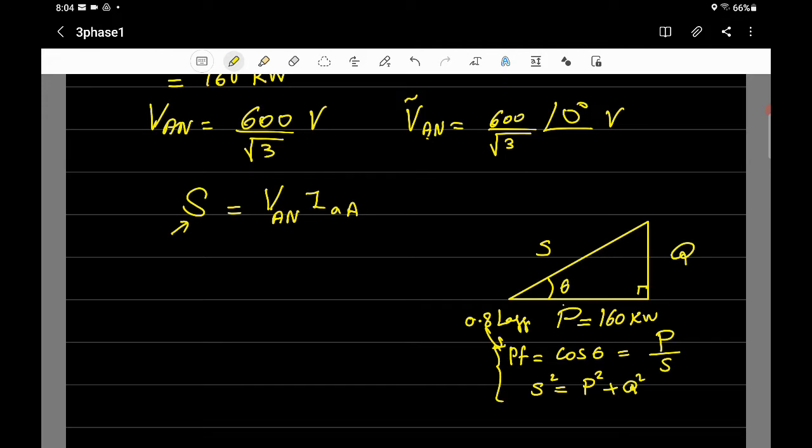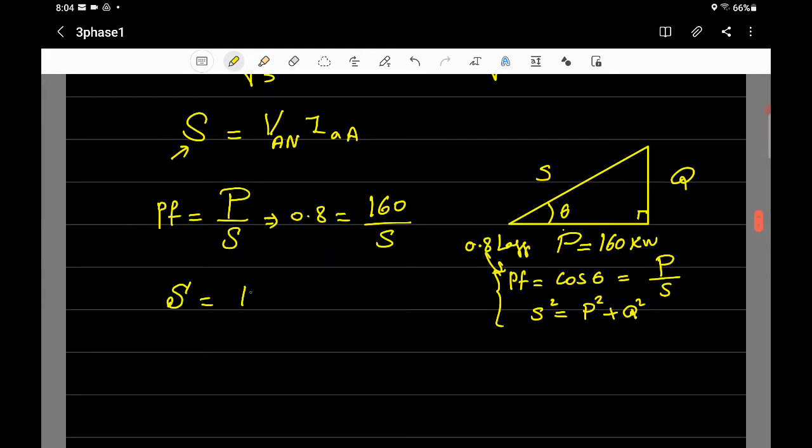So you have power factor 0.8 is equal to power, which is 160 kilowatt, divided by S. Now we can find S. Apparent power is equal to 160 divided by 0.8. That would be equal to 200 kilovolt ampere.